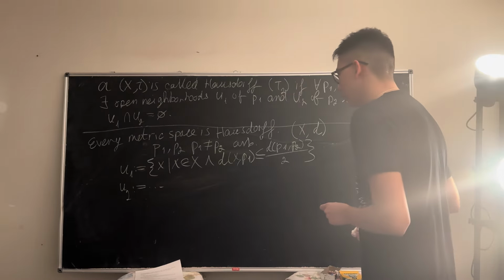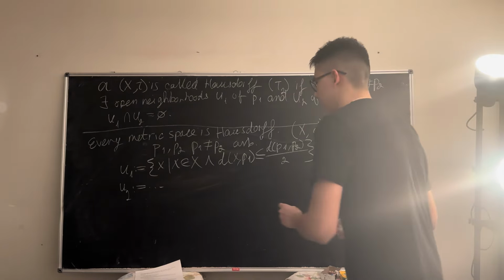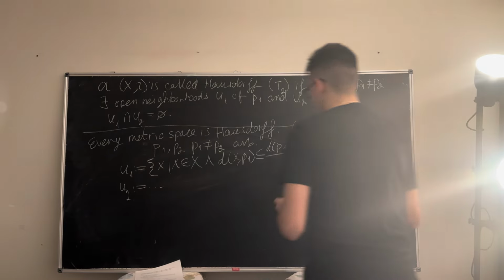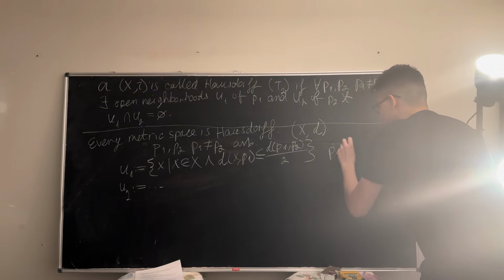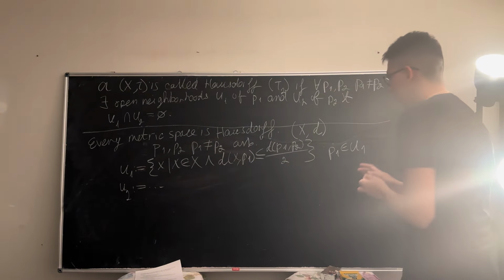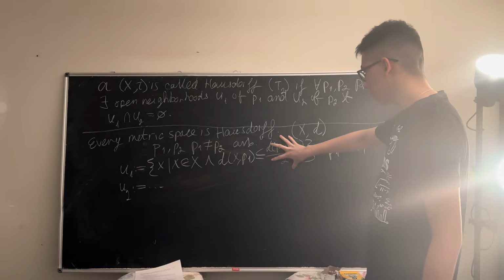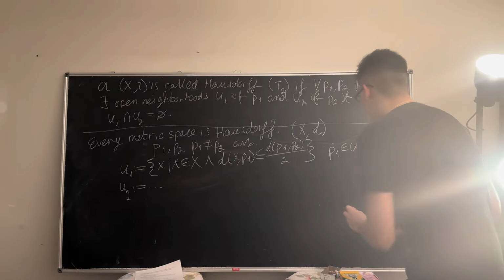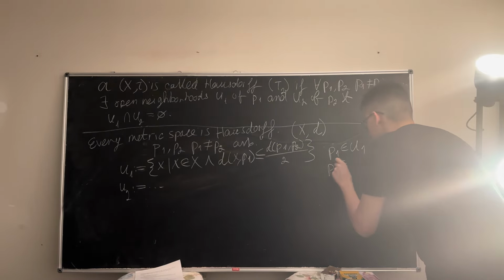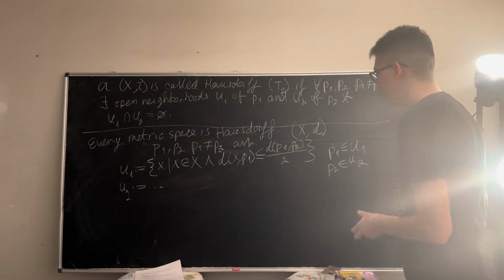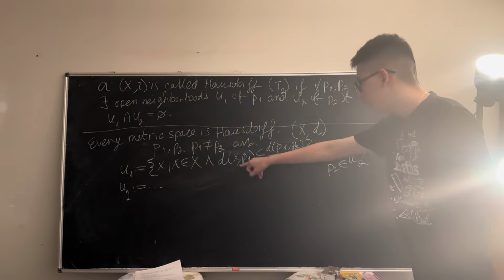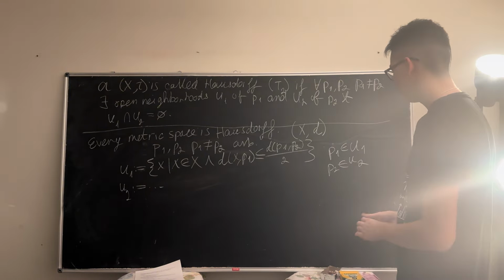Now, the first thing to notice is that obviously P1 belongs to U1 because the distance between P1 and P1 is 0, which is less than this. And P2 is in U2 because the distance between P2 and P2 is 0.